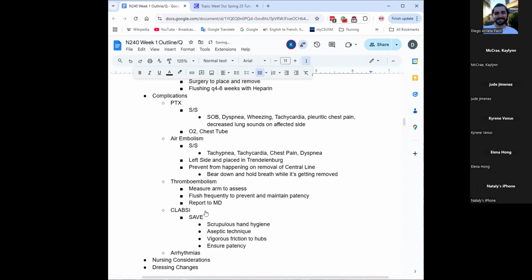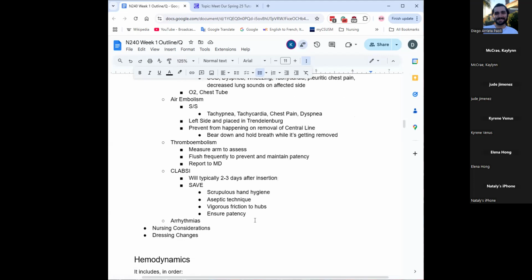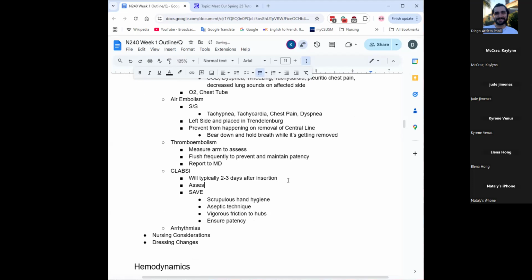But it does come up. So just to reiterate, it usually will happen 2 to 3 days after insertion. If you get a fever the same day, it's probably something else. Infection takes a little bit to get going. So assess for the need to maintain a central line.